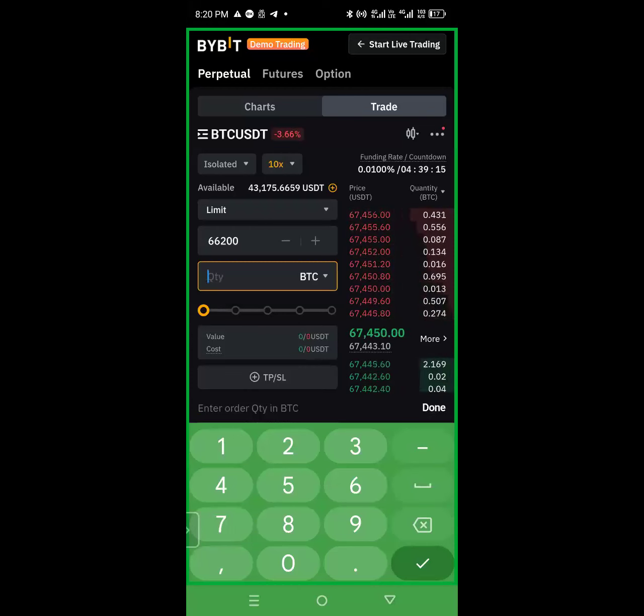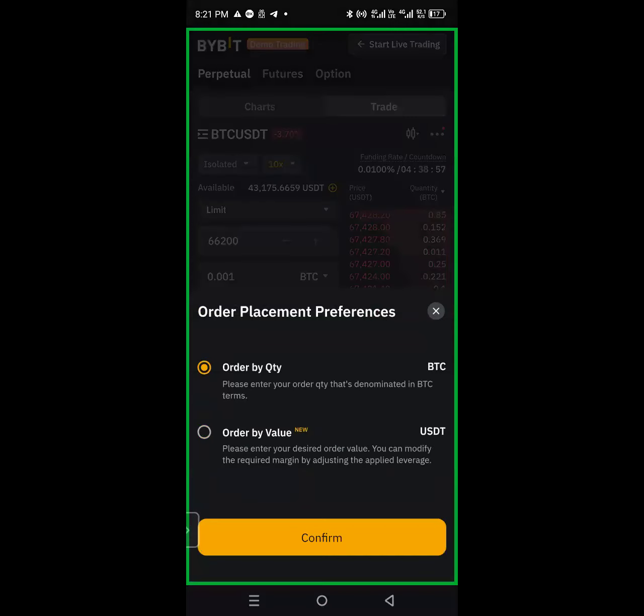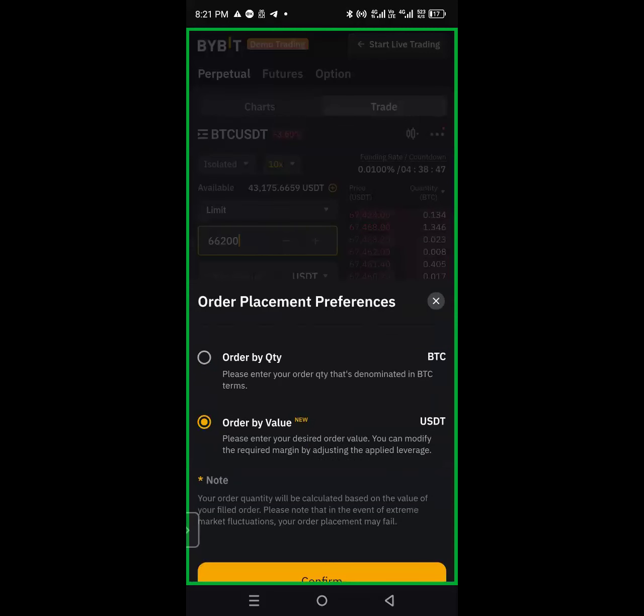Now let's go to the minimum. Minimum on MetaTrader is 0.01, but here you still have the advantage of using 0.001. But it's advisable to use the other way of entering your order size, which is order by value instead of order by quantity.